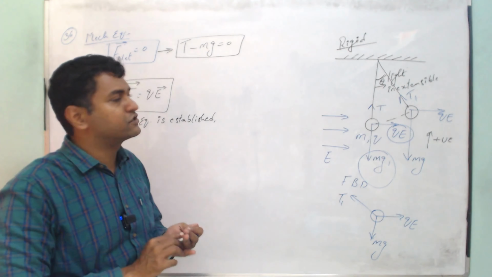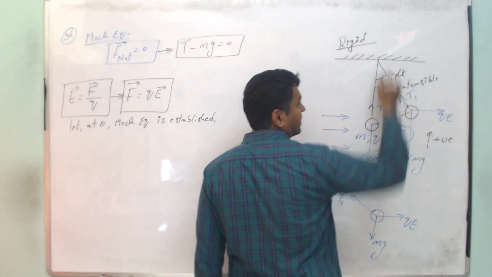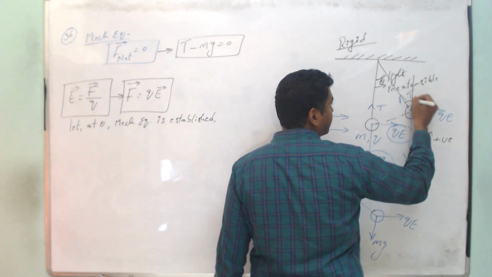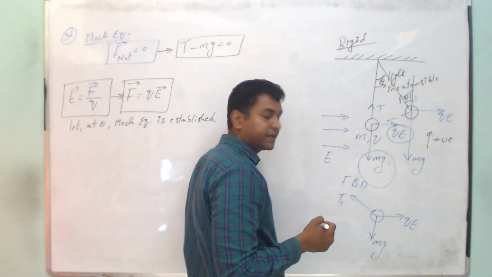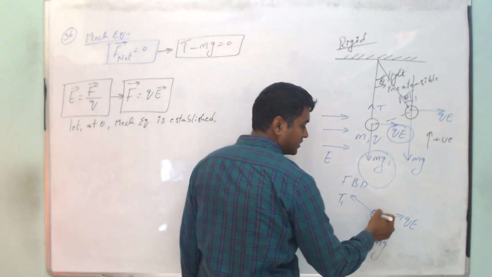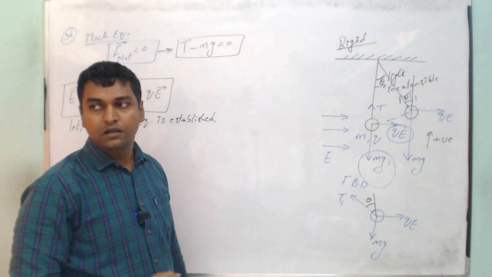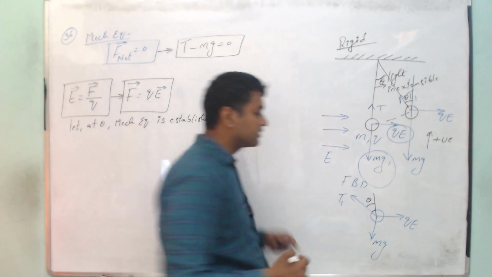Now understand the geometry a little bit. If the string makes an angle theta with the vertical, that means the tension force will also make the same angle theta with the vertical. Correct? Correct. Tension force is making an angle theta with the vertical.